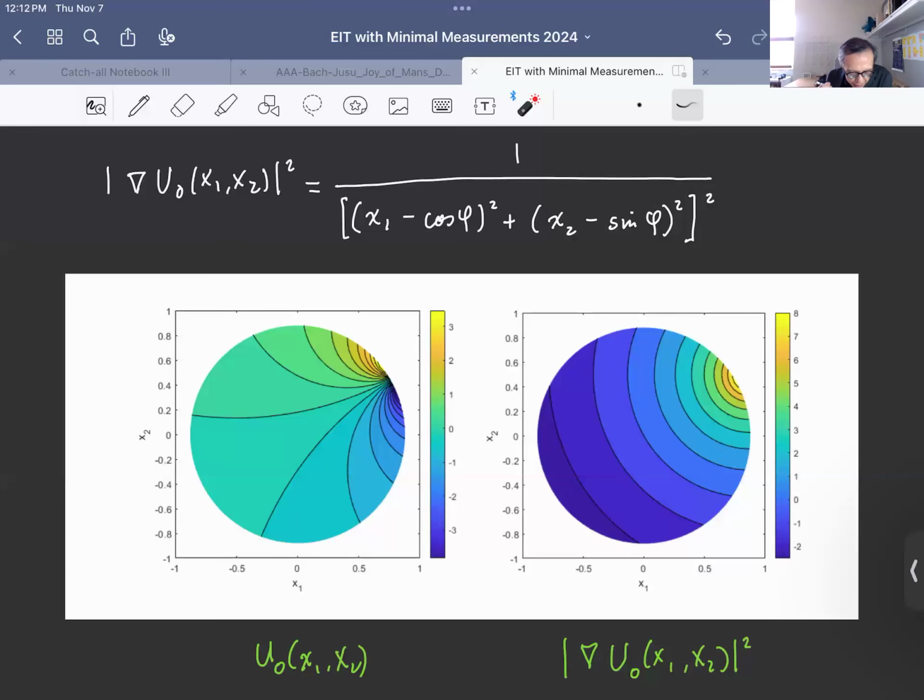And the probe, the field that is created that's probing the unknown, is shown on the right in this picture. It's quite large near where the electrode locations are and gets very small far away. So you would expect it to be very sensitive if you have a conductivity anomaly nearby, but not so sensitive if it's far away.